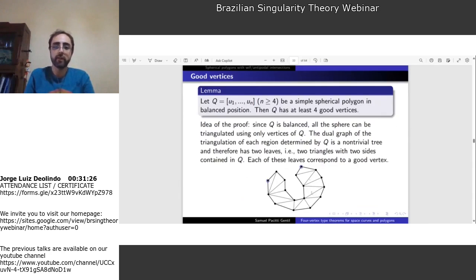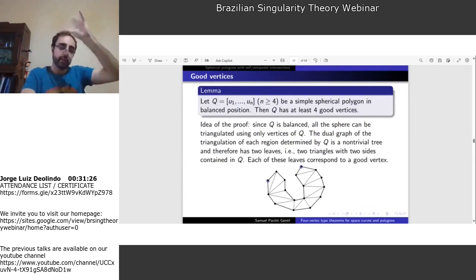Since you can triangulate it, we see that this triangulation gives us a dual graph, and the vertices of the graph correspond to triples of vertices, such that the middle one here will be a good vertex.